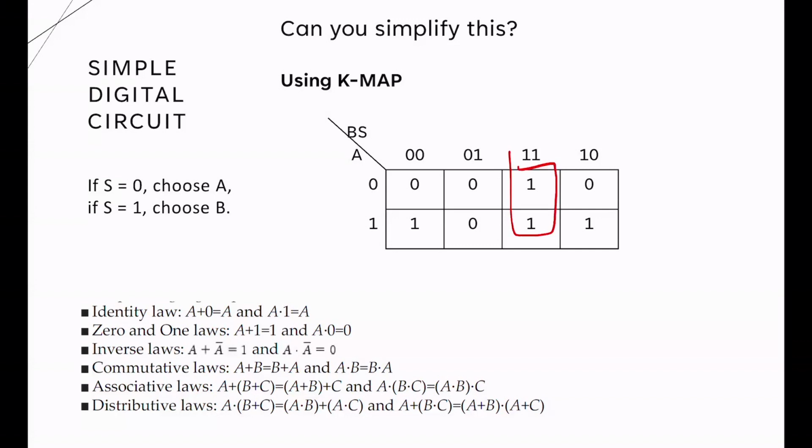Like this, you circle the 1s, and then you get the B S, or this 1 here. It's just another method where you see where the output 1 comes from.